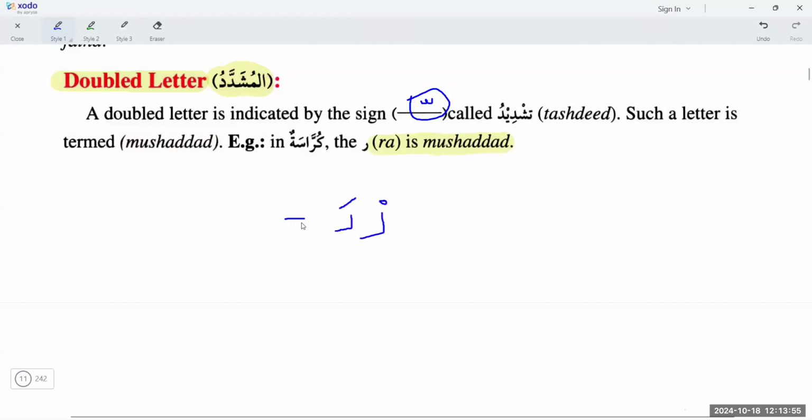We write it together, ra, and we give it shadda. This is the way it becomes mushaddad. On the first ra, this is sukun. So this letter is two letters and we write it together.